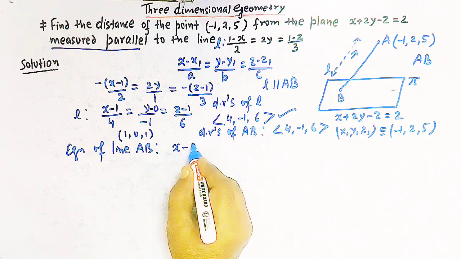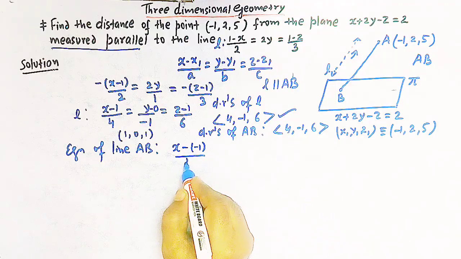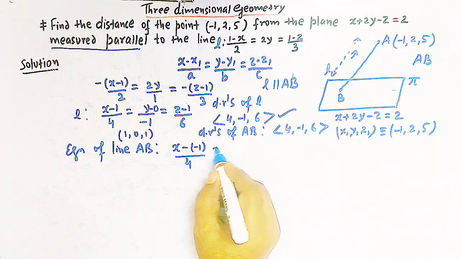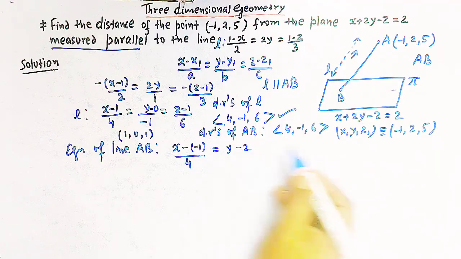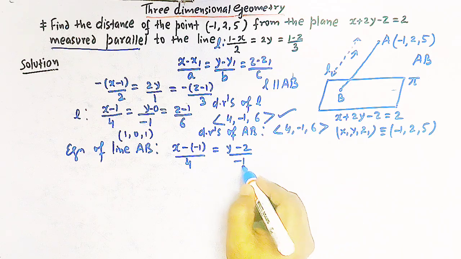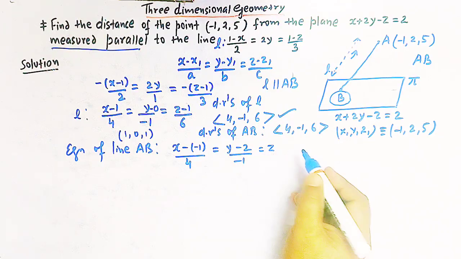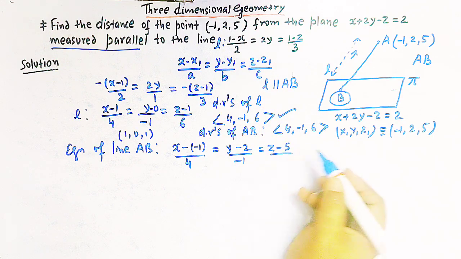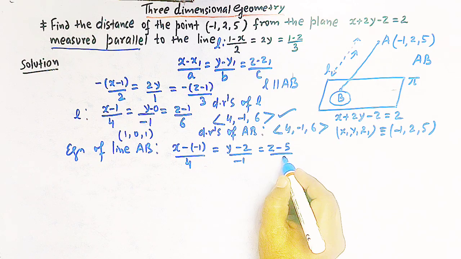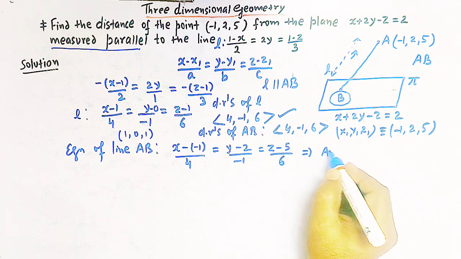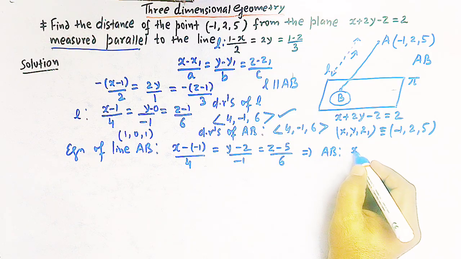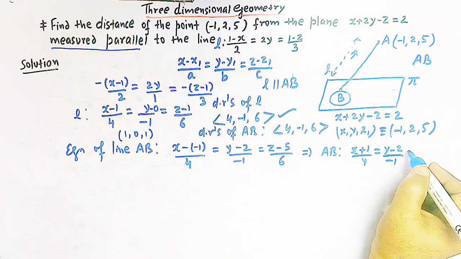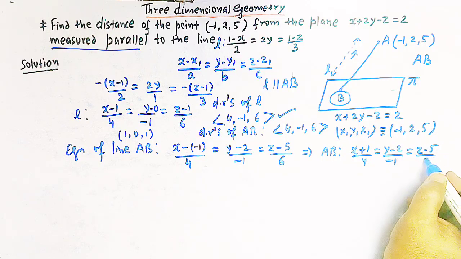We have (x - (-1))/4, because a, b, c are now 4, -1, and 6 respectively, then (y - 2)/(-1), and (z - 5)/6. So the equation of the line AB is given as (x + 1)/4 = (y - 2)/(-1) = (z - 5)/6.